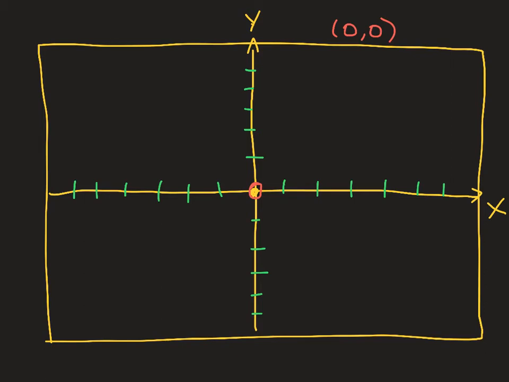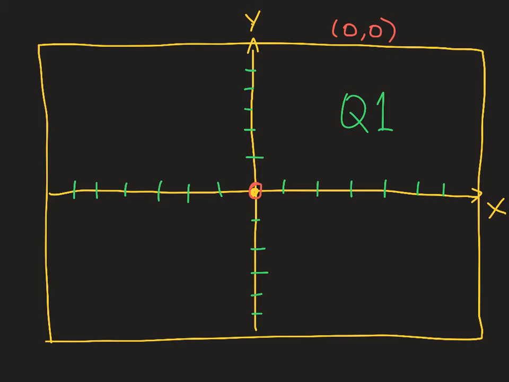Now, you have basically been plotting coordinates on an area, but you normally use the quadrant up in the top right-hand side, and that's called the first quadrant.